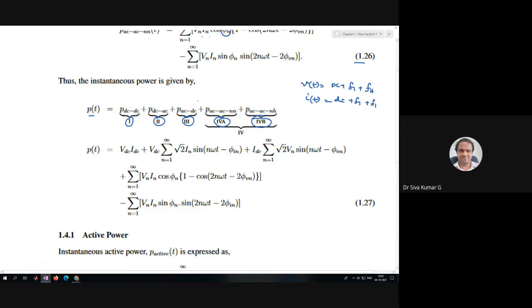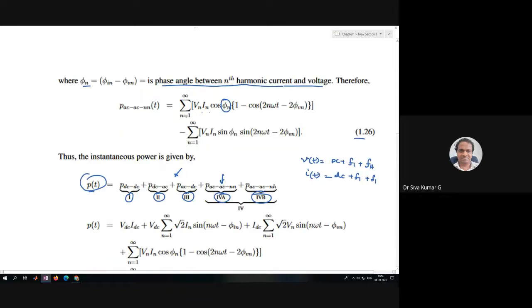In that case, how does the instantaneous power look? Especially for the similar frequency components, we made out the generalized equation of how we define the real power and the reactive power. We made out this equation 1.26, the way we derived the fundamental power and Q power also.